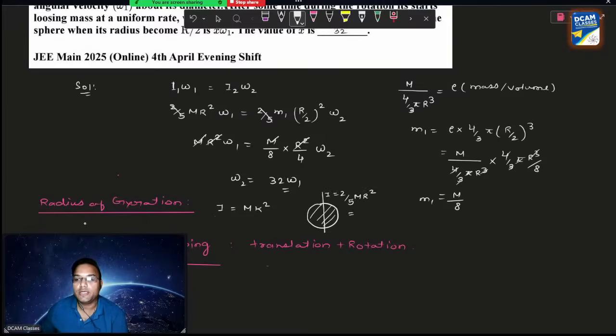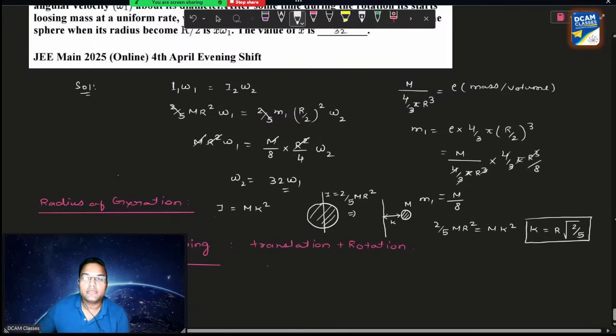In the radius of gyration concept, we treat this body as a point mass equal to the mass of the solid sphere, present at a distance of k units from the axis, so that the moment of inertia of this solid body, 2 by 5 mr square, is equated with m k square. The value of k that we get, which is r root 2 by 5, is different for different bodies. This is known as the radius of gyration.